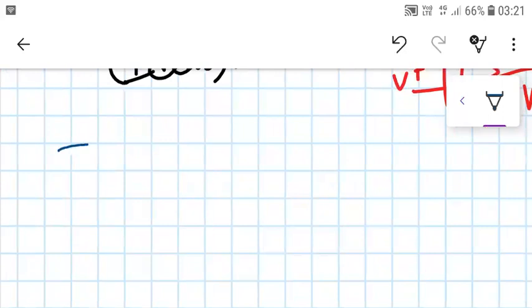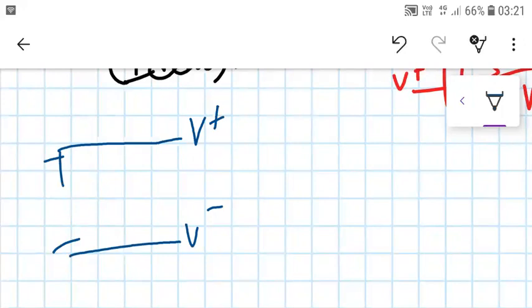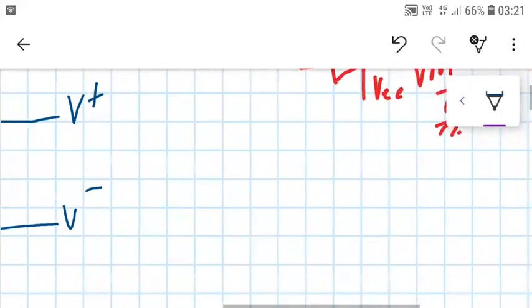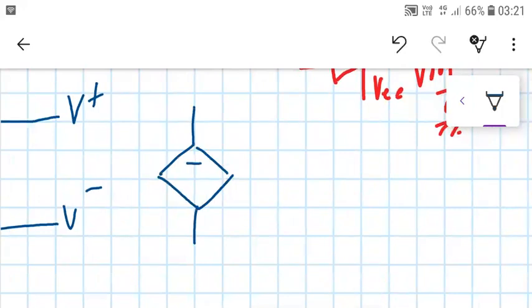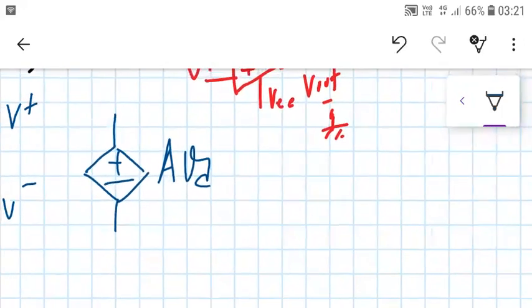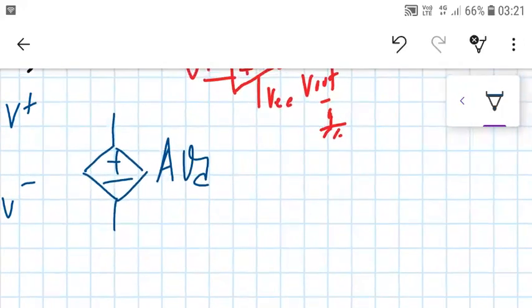At the input side, it looks something like this. It has two wires. This is V plus and this is V minus. And the difference between the both is called the differential voltage VD. And at the output side, we have plus minus. It is A times VD. It is basically a voltage dependent source, a dependent voltage source we can call it.